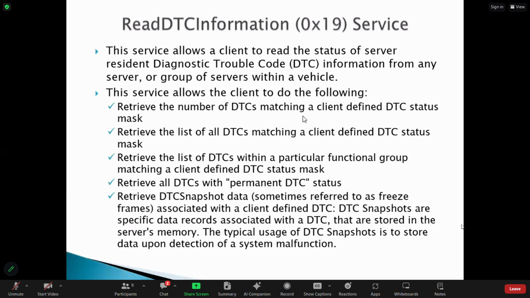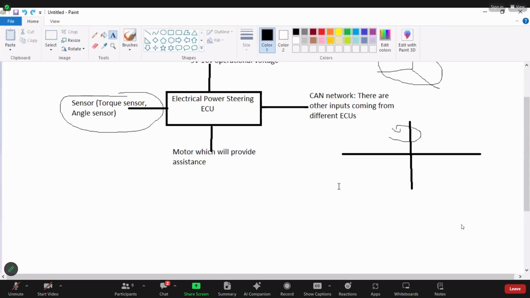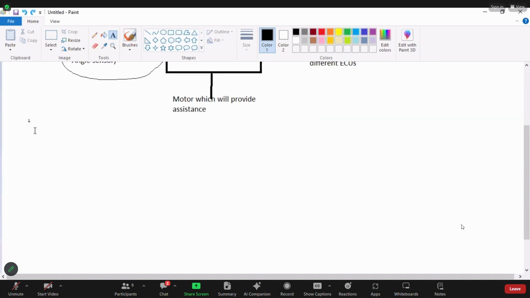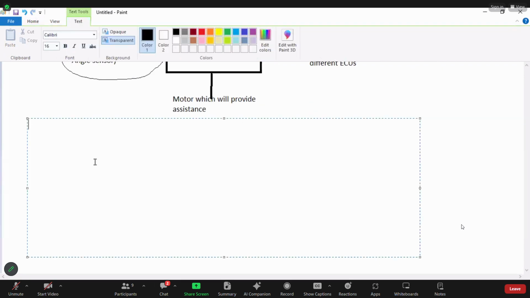So let's say, paint screen visible. Now let's say we have DTC 01, 0A, 03. We have DTC 03, 01, 08.